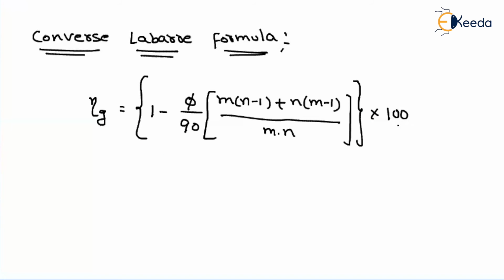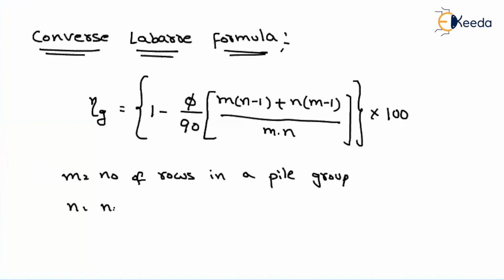If you are talking about the ratio, no need to multiply by 100. Here m is the number of rows in a pile group, and similarly n is the number of columns in a pile group.